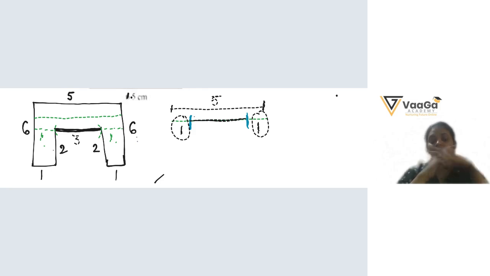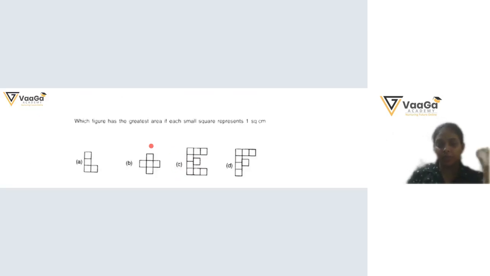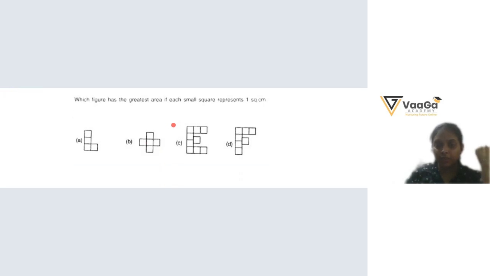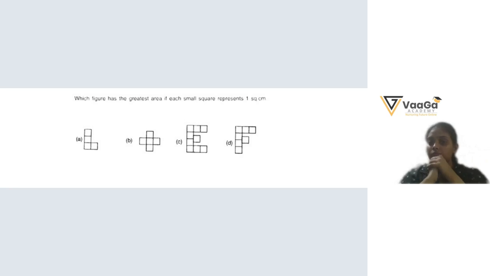Done? Okay. Now let's try some other kind of question. Read this question. Which figure has the greatest area if each small square represents 1 square centimeter?